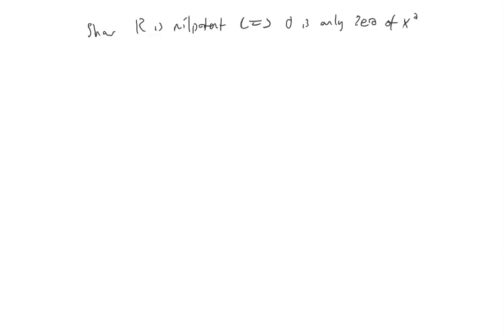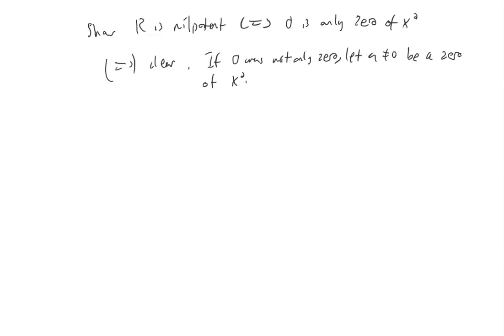So this way is clear, it's by definition. Let a not equal to 0 be a zero of x squared. Then a squared is 0, but that means a is nilpotent. The English is bad. Has no nilpotents. How about that?